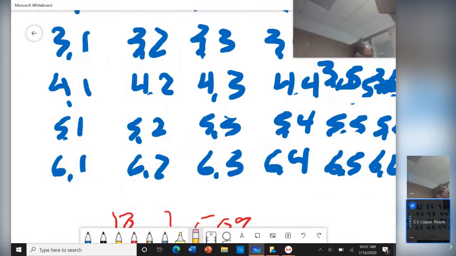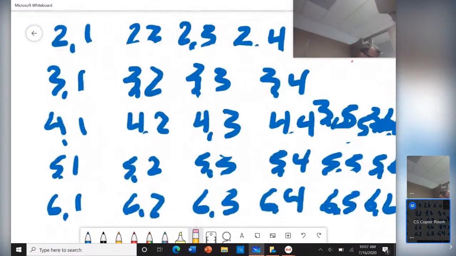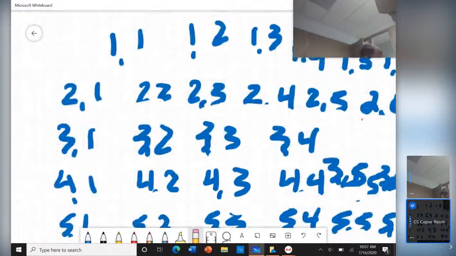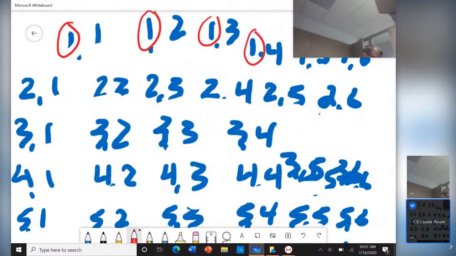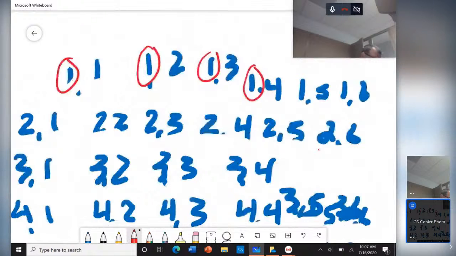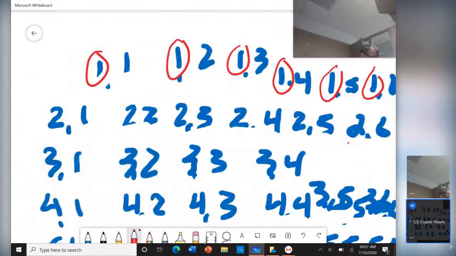Okay, so a prime number. We're looking for the first dice. So there, there, there, there, there, there, and there. Okay, 2.